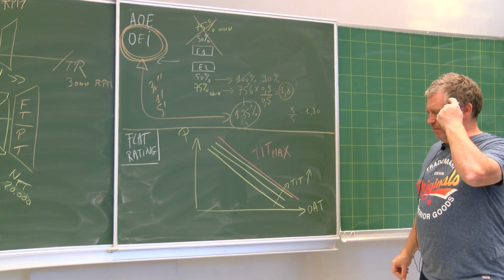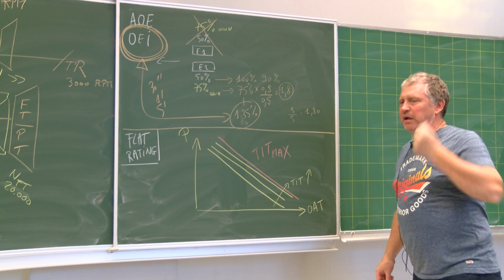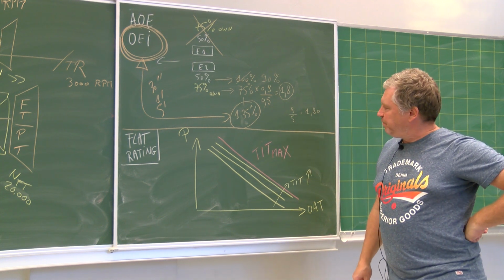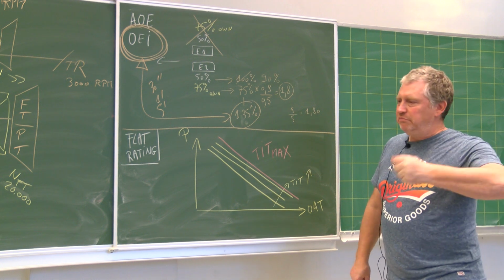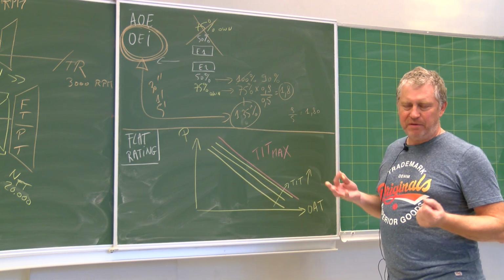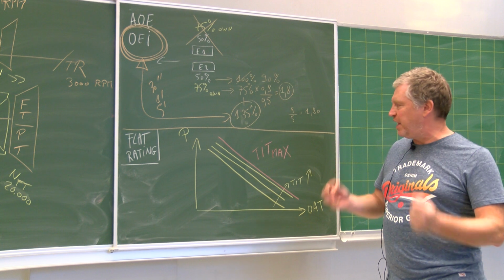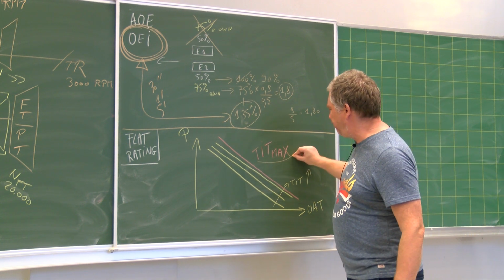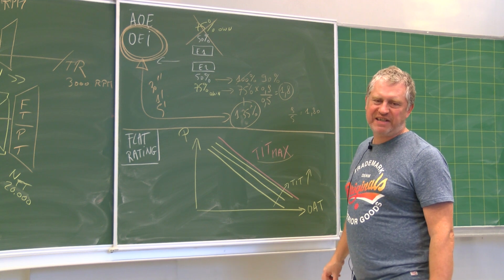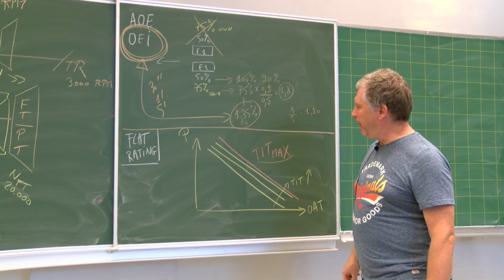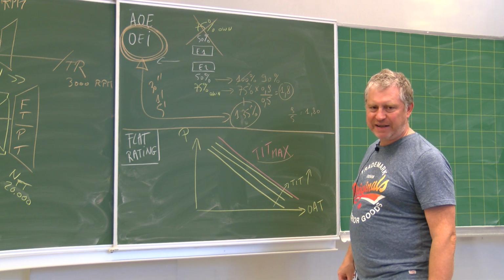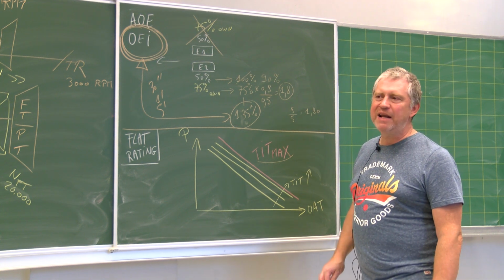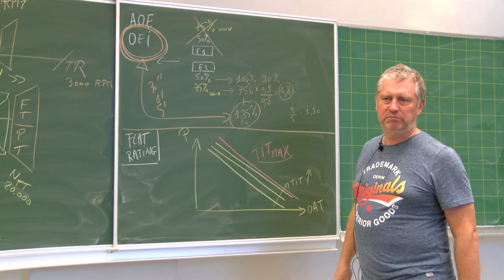What does that mean? The pilot is selecting the operating regime, the rating of the engine, and is, for example, pushing the engine to its maximum, let's say. So operating the engine on TIT max. And he is, let's say, in the summer.